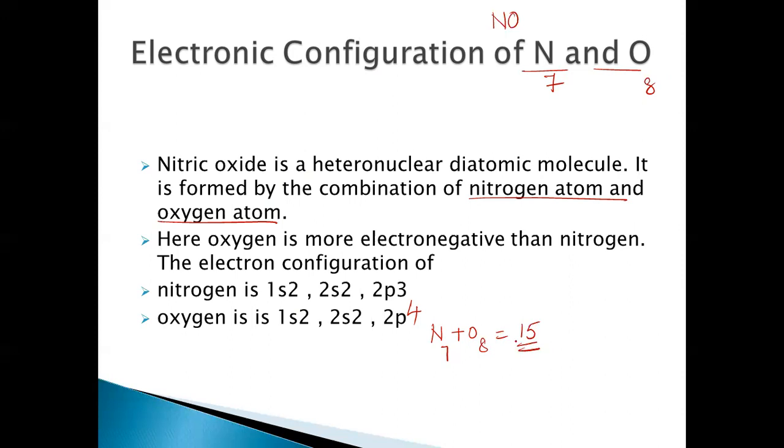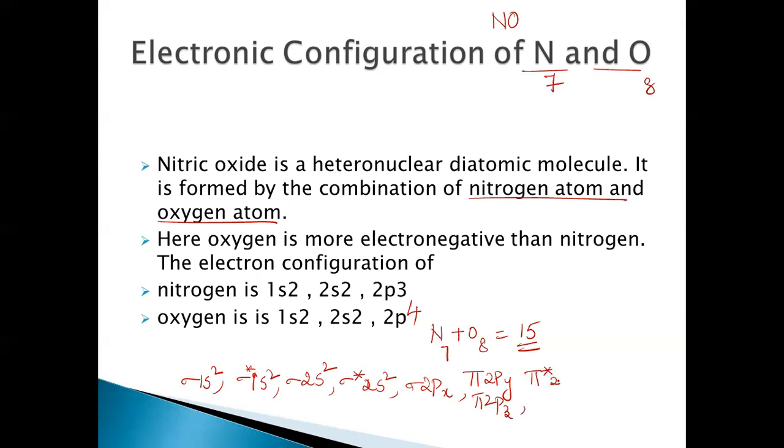So for the systems which have more than 14, we have already discussed this. The order of filling up of the orbitals is sigma 1s2, sigma star 1s2, sigma 2s2, sigma star 2s2. First comes sigma 2px. Then comes pi 2py and pi 2pz. I'm just showing the order and not the electrons here.